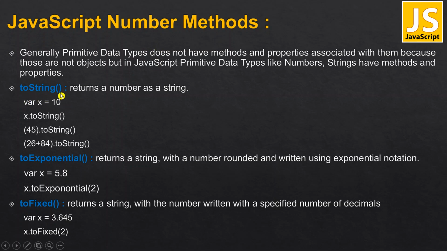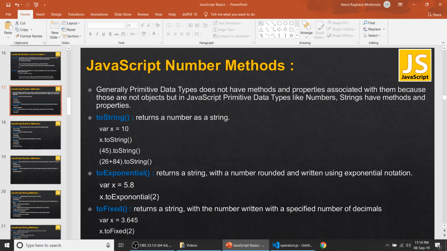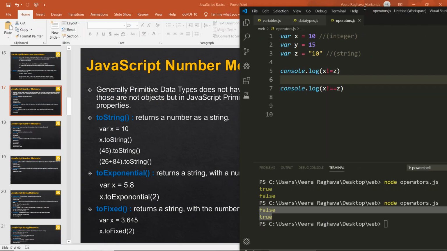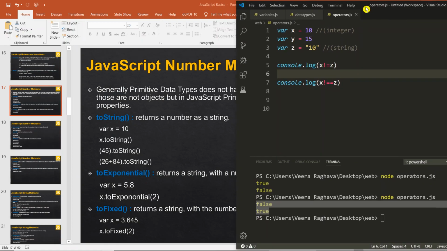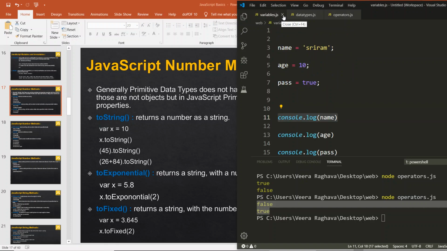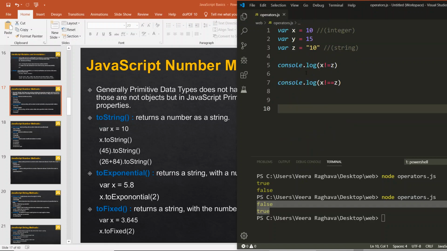The toString method returns a number as a string. Let me take my VS Code. In parallel we will see each and every method.